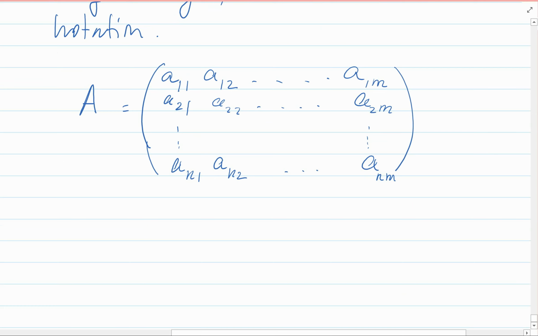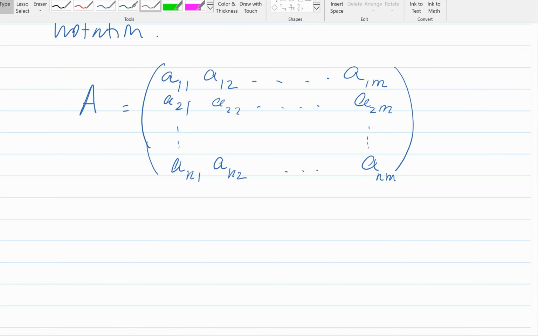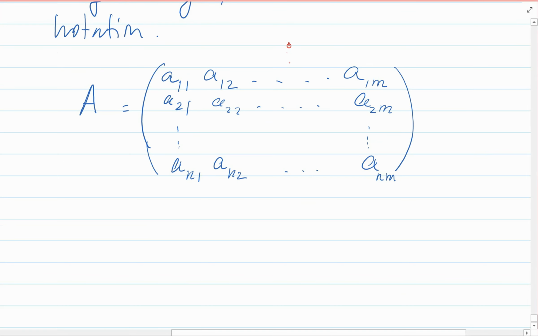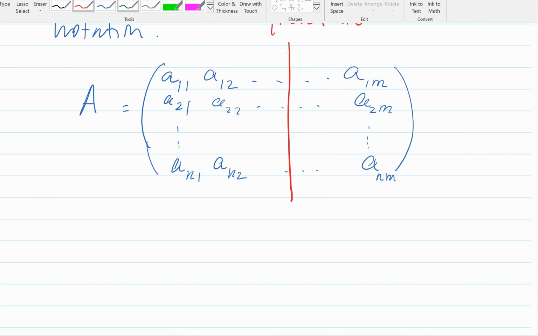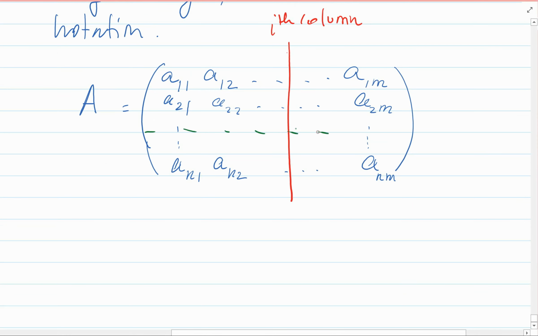Now let's look at this. This is the ith column, and this is the jth row.